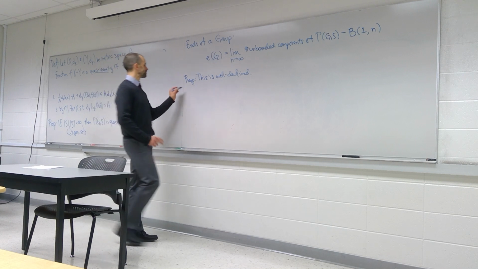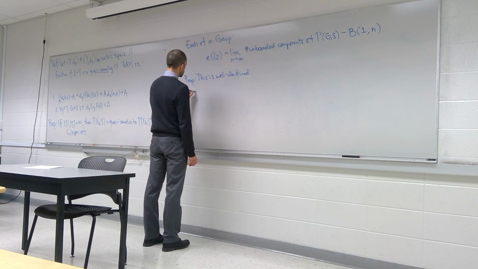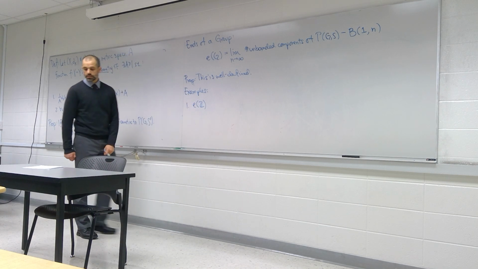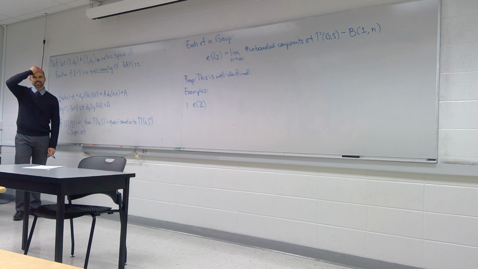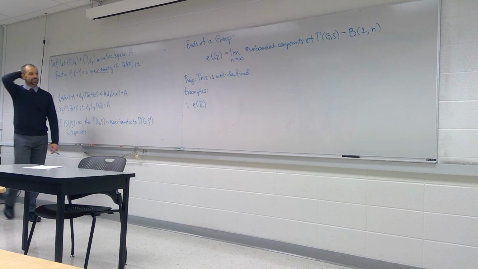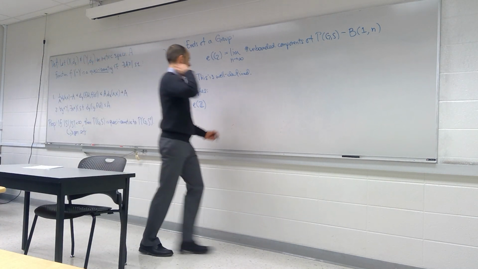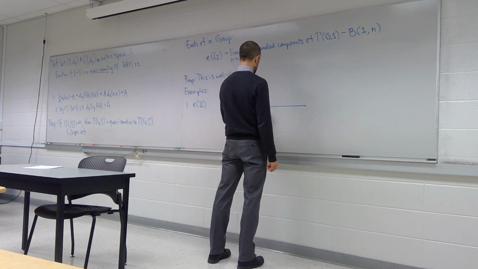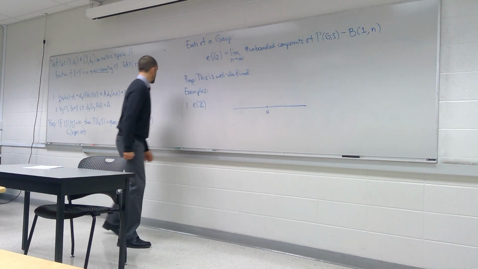So let's look at some examples. We want to take a stab at how many ends the integers have. Yep, 2. If I draw the Cayley graph, and I'll just draw it like the real line, what am I supposed to do?